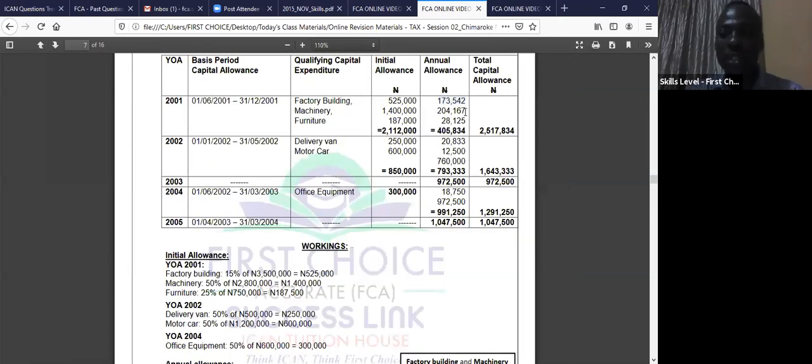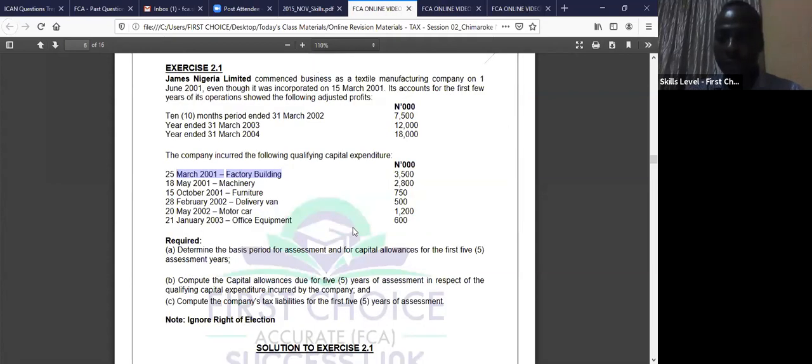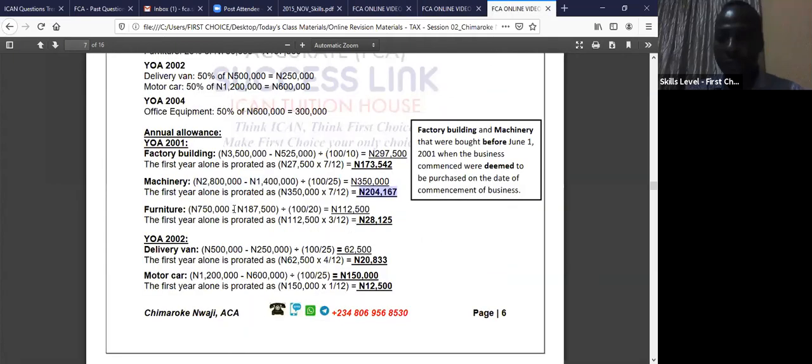Then going to furniture and fittings, we do the same thing. This is the cost, this is the initial allowance deducted, and when we look at 100 divided by 20%, which is the annual allowance rate, we find 5 years. When you are getting the first year of use, when did you start using it?